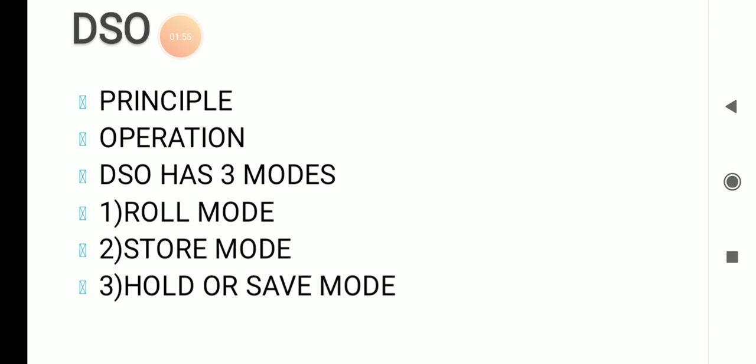But in the case of CRO, only the time period as well as the amplitude can be measured. The main function of DSO is its memory capacity. For that purpose it is called a digital storage oscilloscope, because you can store waveforms depending on the memory.